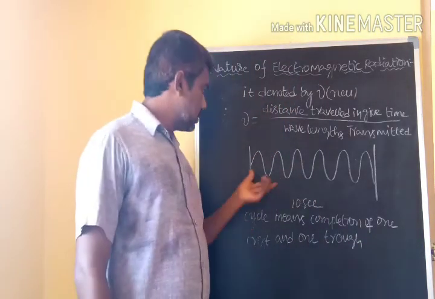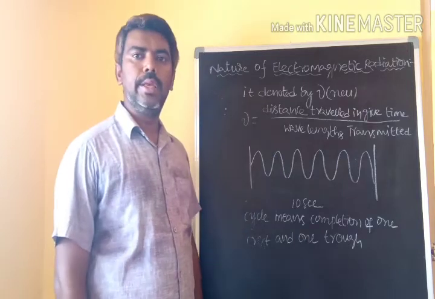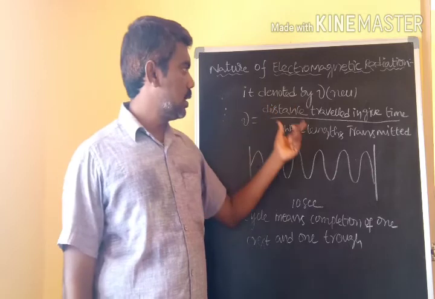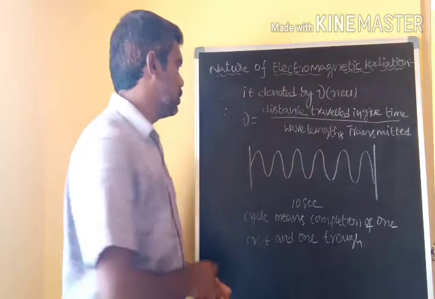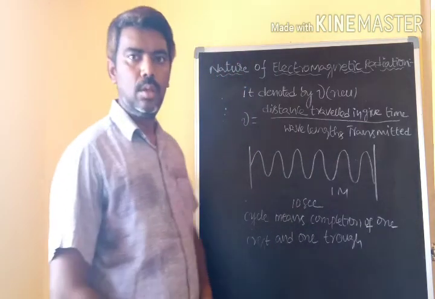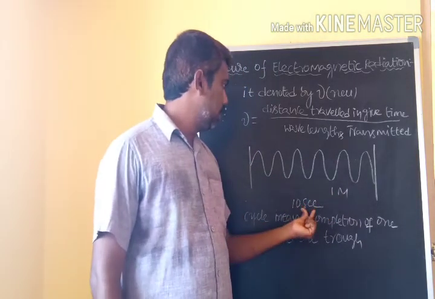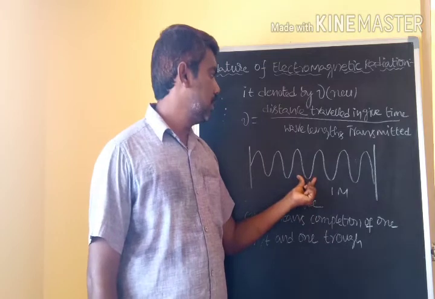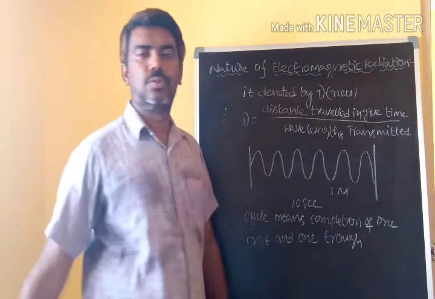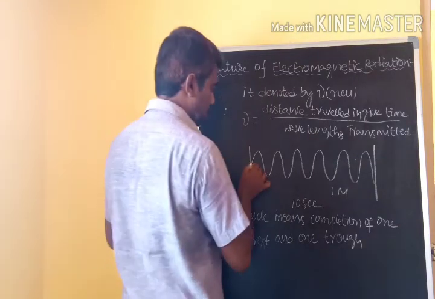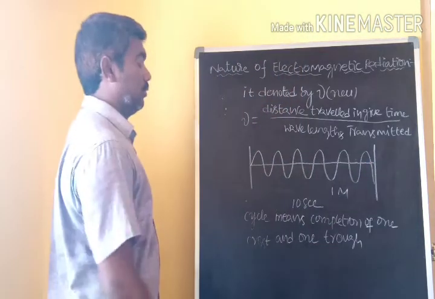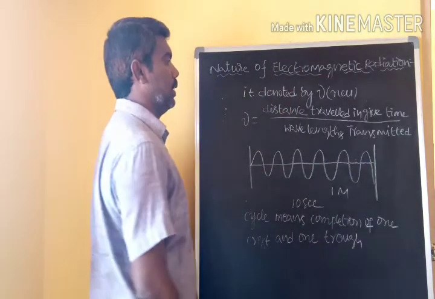How many cycles are transferred in a given time and given point? Or the distance traveled in a given time, maybe a 1 meter distance. In that distance, how many waves, that is, how many wavelengths, one crest and one trough, are transferred? Then it is called frequency.